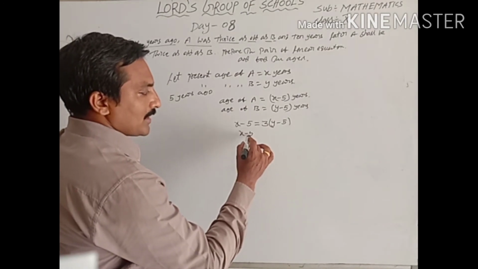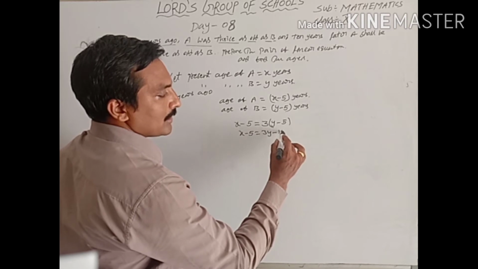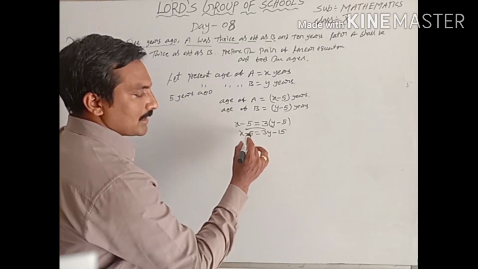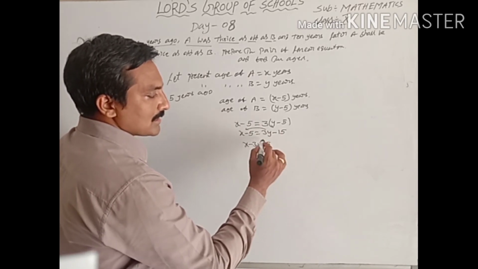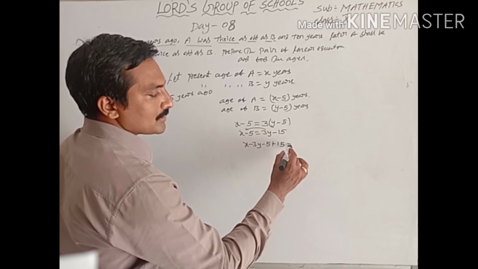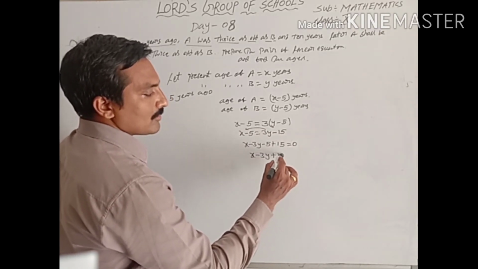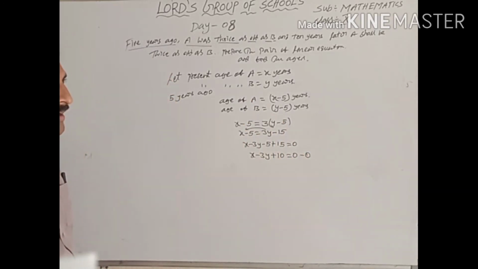X minus 5 is equal to 3y minus 15. Now x minus 3y, transposing here, minus 5 plus 15 is equal to 0. X minus 3y plus 10 is equal to 0. This is the first equation. One equation completed.